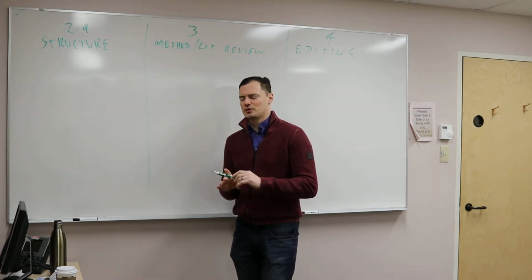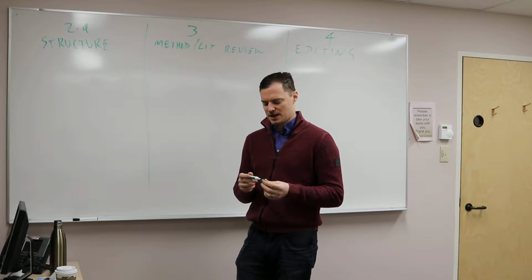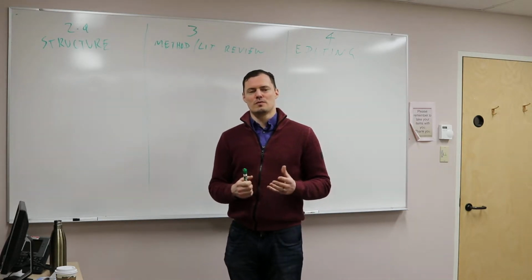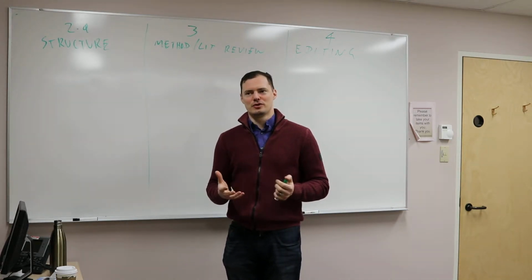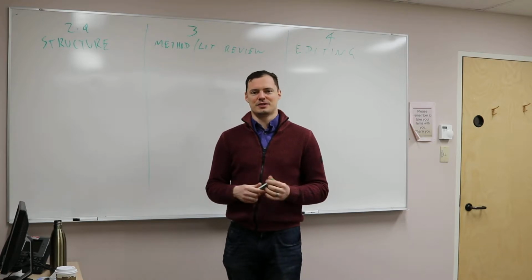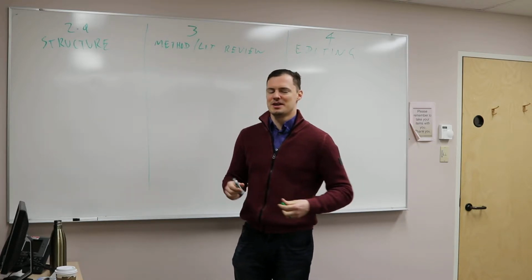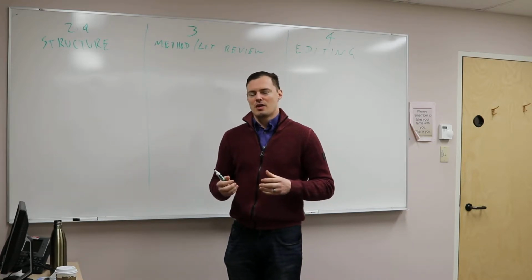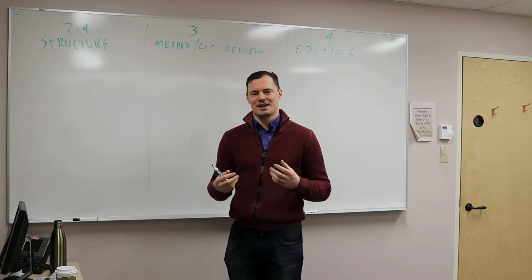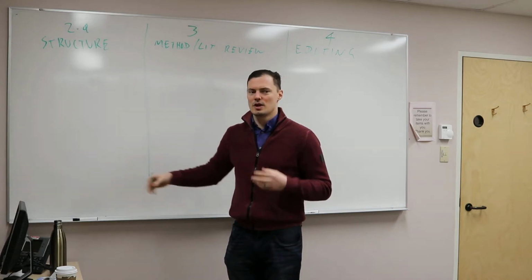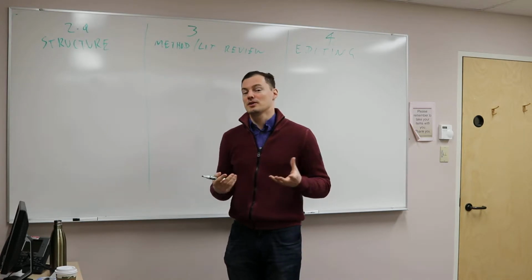I'll do the literature review in a moment, but let's talk about some of these guidelines that are so good they're almost rules. The first is that because there's always too much to talk about, you want to do your most important things first. And by first, I mean both first in the essay, in terms of the order of your points, but also first in terms of how you think about your argument.